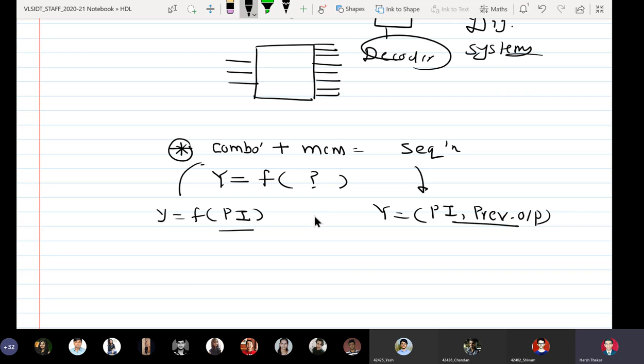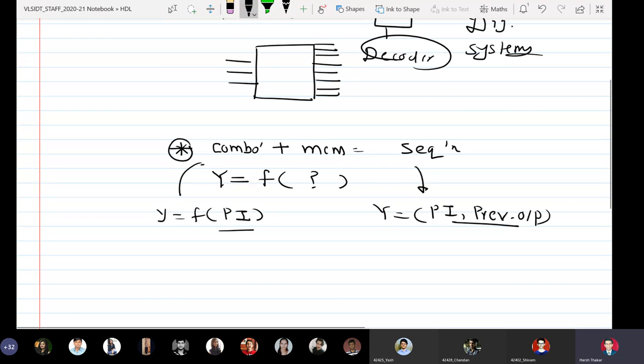If any candidate says, sir, I have taught digital electronics and I know it very nicely, the first question the principal sir asks is, can you tell me the difference between sequential and combinational systems? And very few people answer that in a sequential system, output is a function of both present input and previous output. This is actually the understanding, and it is also seen in the block diagram.